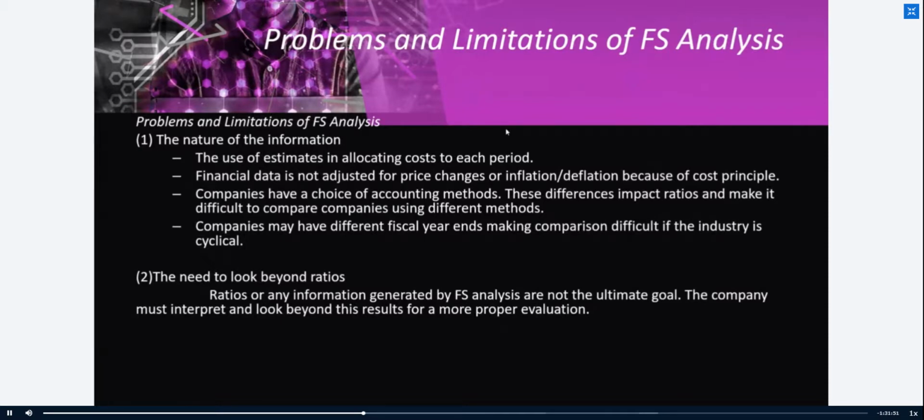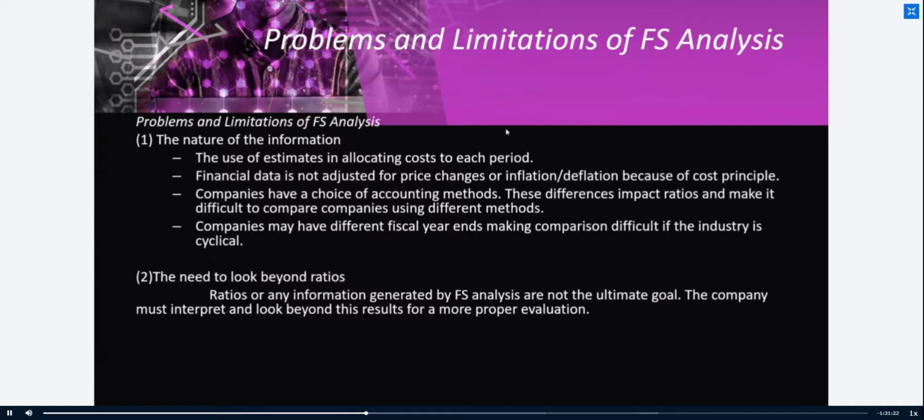For example, when we're comparing companies within the same industries, they can choose different accounting methods, so long as it is compliant with the generally accepted accounting principles. That's the basic requirement.